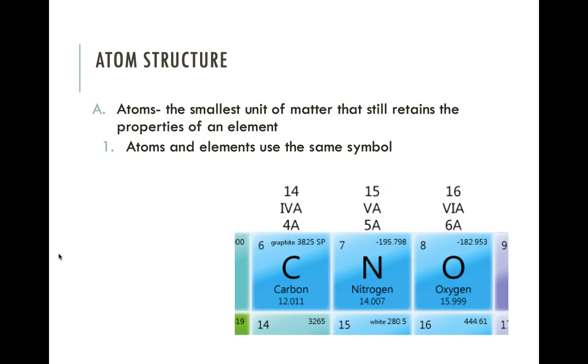An atom is the smallest piece of an element. So if you have a group of carbon molecules, you have an element, but if you have a single carbon, you have an atom. So they're represented by the same symbol, and whether you have one or you have many carbon atoms, so either a single atom or an element of carbon, they retain the same properties of that element. So all carbon molecules are going to behave the same and have the same properties.